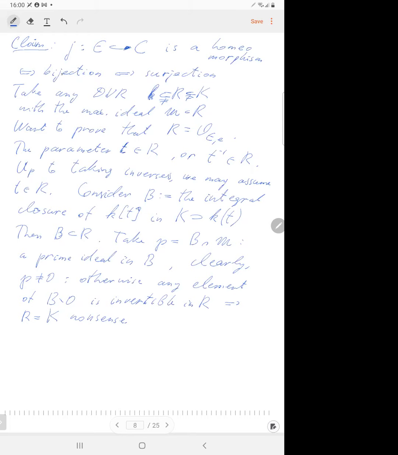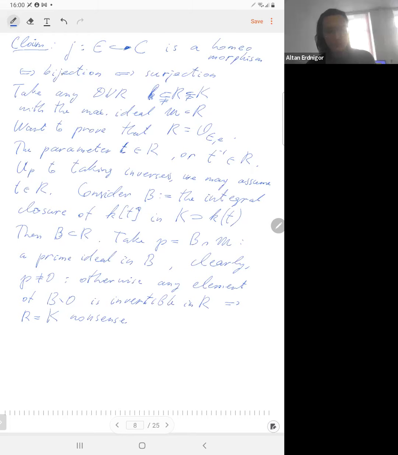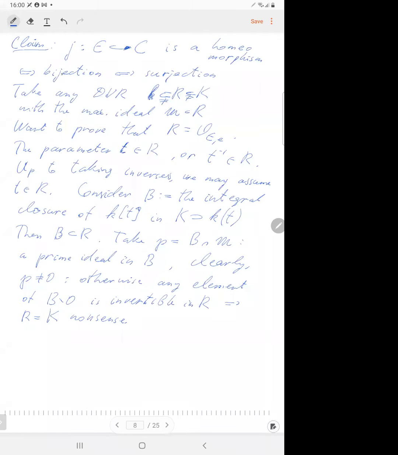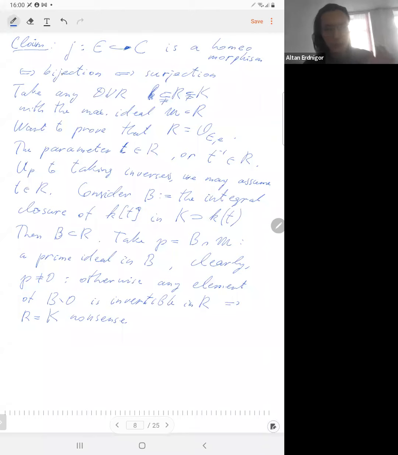You see, any element of the DVR is some positive integral power of the uniformizer pi times a unit, right? And then in the field of fractions, any element is some integral power of this uniformizer pi times a unit. Yeah, I understand. And how is large K the field of fractions of R?